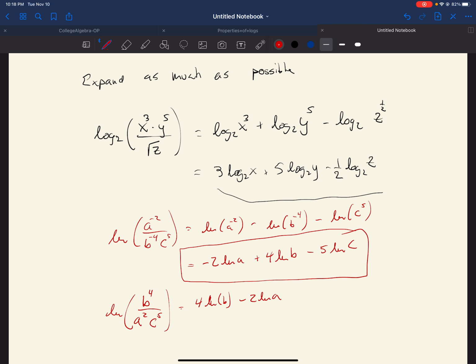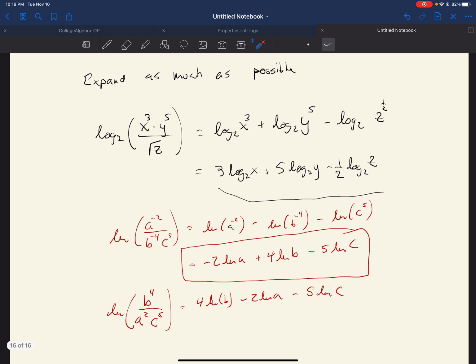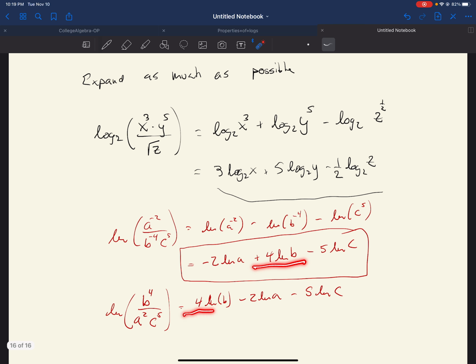And the c to the 5th's on bottom, so it should get a minus, and the 5's going to pull down, should be a minus 5 ln c. Here's the thing. 4 ln b matches 4 ln b. Minus 2 ln a matches minus 2 ln a. Minus 5 ln c matches minus 5 ln c.